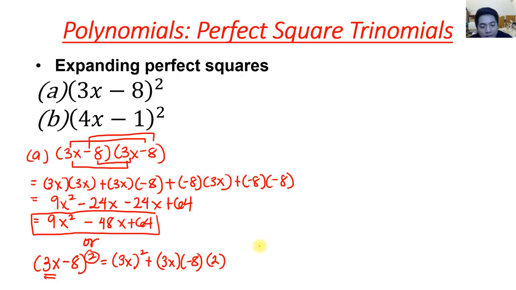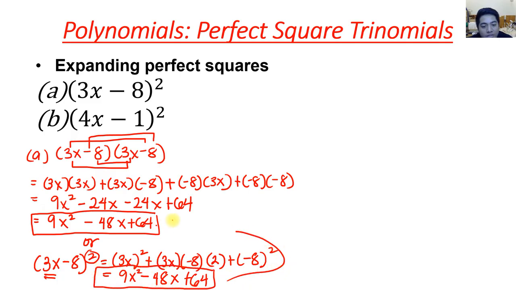And then lastly, we are going to square the last term. So the result would be 9x squared. Okay, we have negative 8 times 2, negative 16. Negative 16 times 3x, that is negative 48x. And then negative 8 squared would be positive 64, because negative 8 times negative 8 would be positive. And it is the same answer that we got here.